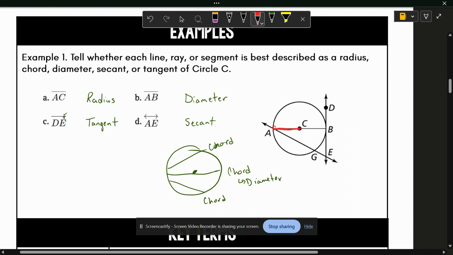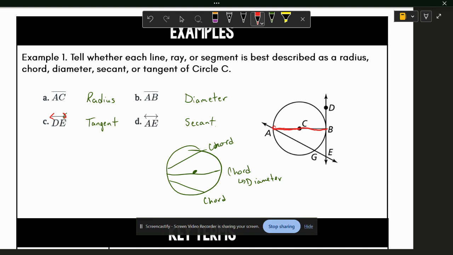AB goes the whole way across and goes through the center. So technically yes, it's a chord, but it's a special type called the diameter. DE is what we call a tangent because it only touches. And then AE is a line that goes through the circle, so it's called the secant.